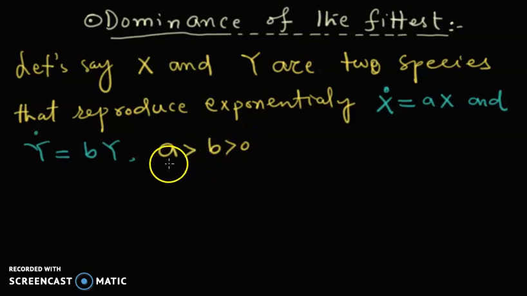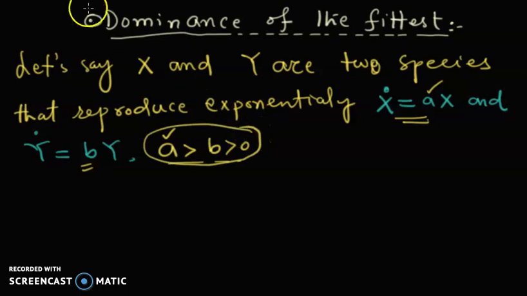What does this mean? This means that because A is involved in the model X dot equal to A times X, X is reproducing itself faster as compared to Y, or we can say that X is fitter than Y because its growth rate is greater, and it is reflected from this inequality.